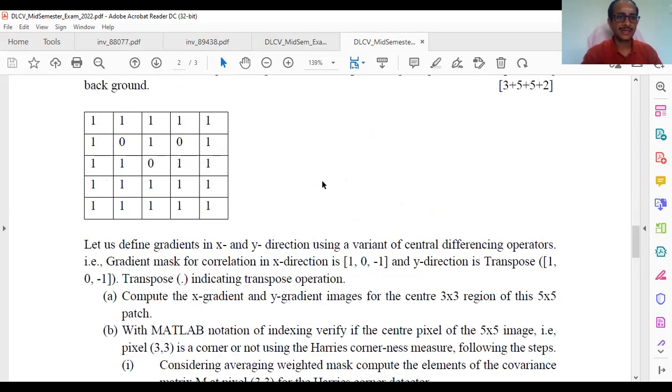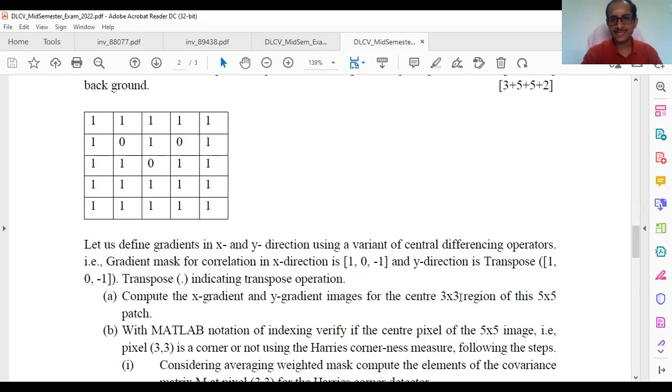The reason being, up to here there is no issue of border effects. If you place a 3x3 mask here, or find a gradient using these, you don't get affected by the borders. So that is the reason people usually do it in the interior, leaving the boundaries.